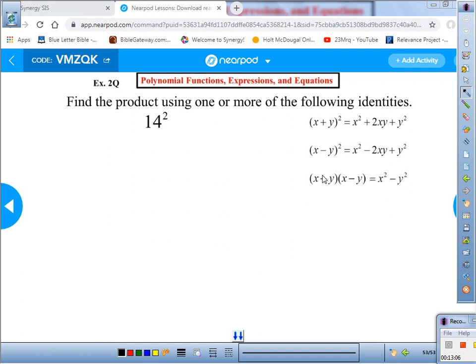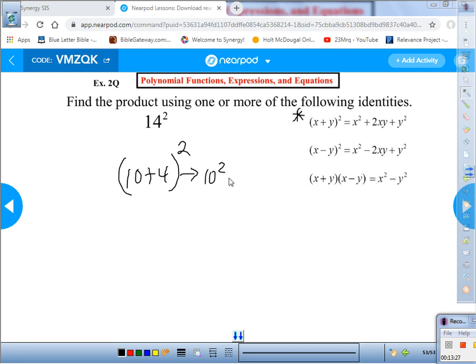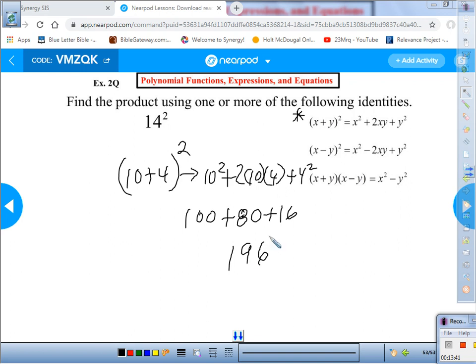Let's see, help me out with this one. Lene, how do we rewrite this? 10 plus 4 squared, and that one looks like the first one, yes? So that means 10 squared plus 2 times x plus y, which is 10 and 4, and then plus 4 squared. So this is 100 plus 80 plus 16, so this is 196.